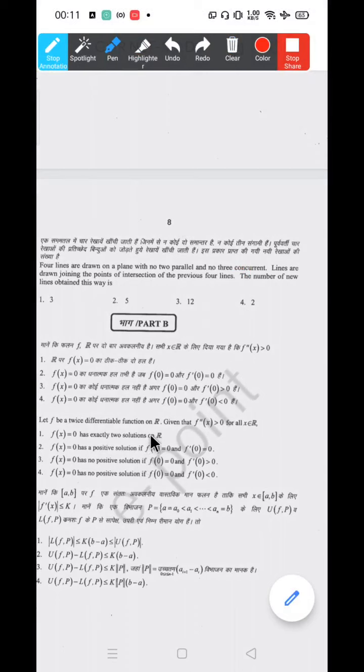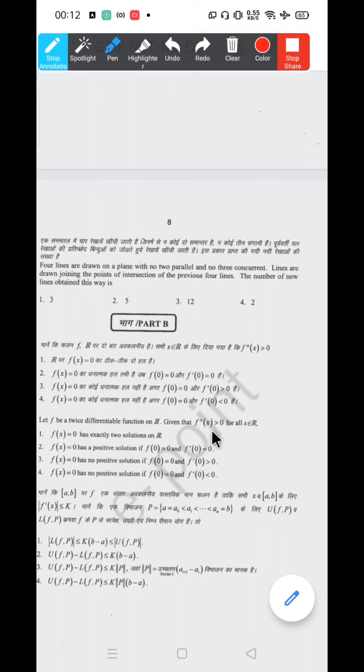Let f be a twice differentiable function given that f double derivative is greater than 0 for all x belonging to R. What can you say about this? Correct. Option one says f of x equal to 0 has exactly two solutions. Another says f of x has a positive solution if f of 0 equal to 0 and f dash of 0 equal to 0. Another says no positive solution.